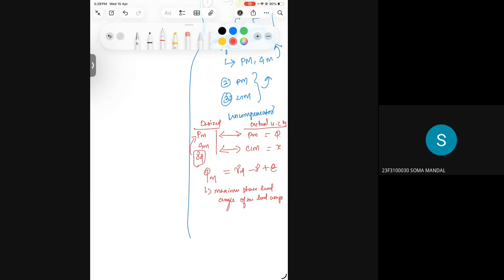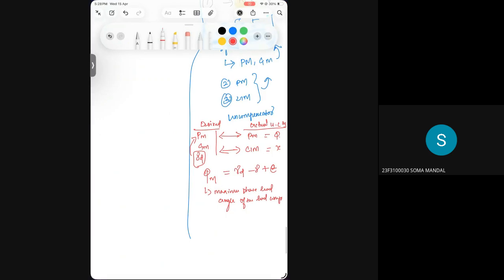Instead of pm I'm using gamma d, there is no difference, both are the same. PM is a shorthand notation for phase margin, but actually it is denoted using gamma d, that is the desired phase margin, and gamma is your actual phase margin. So this is desired to be achieved, and this is the actual phase margin of your uncompensated system.